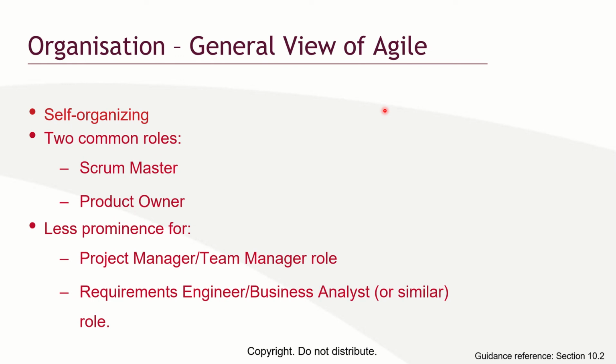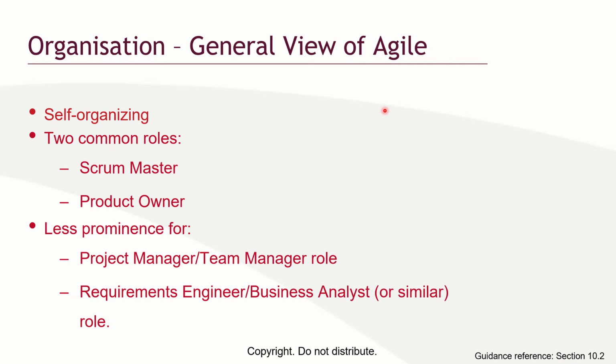How should you organize your team? How should you organize the people that will work and deliver the projects? As far as Agile is concerned, the organization should be self-organized. Self-organized means people, to a large extent, have a say in who they work with.